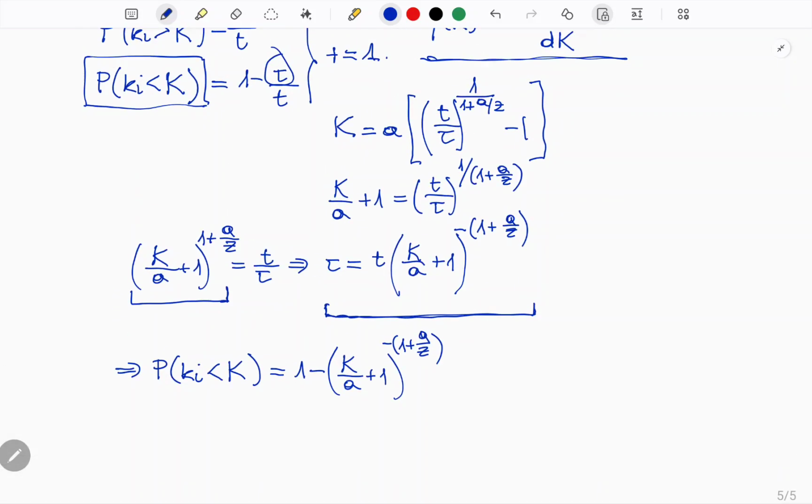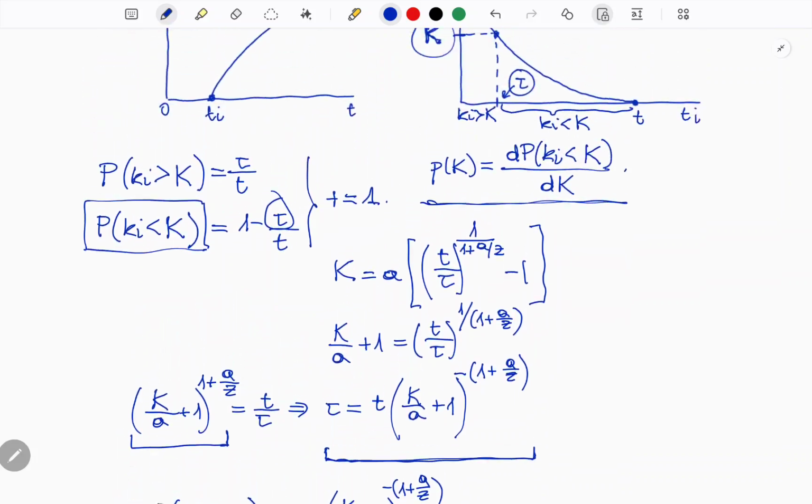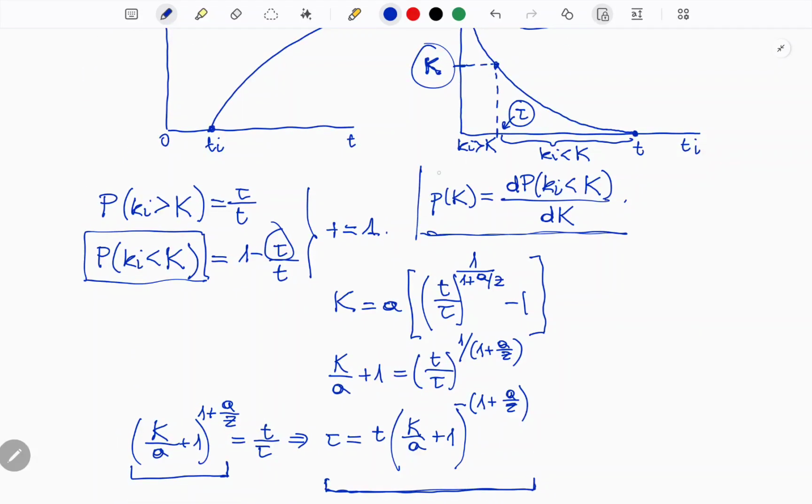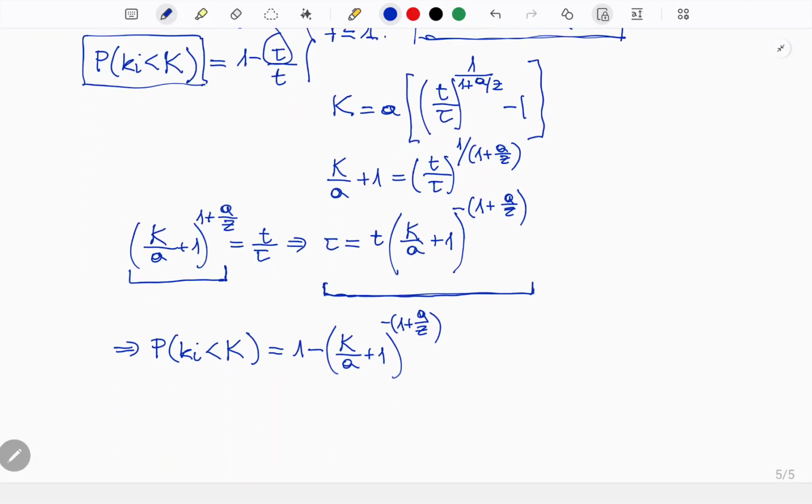And that's it. Once I have this expression, now I can find out the value of the probability density. Remember that it's just the derivative of this cumulative probability with respect to capital K. So that's what we are going to do.